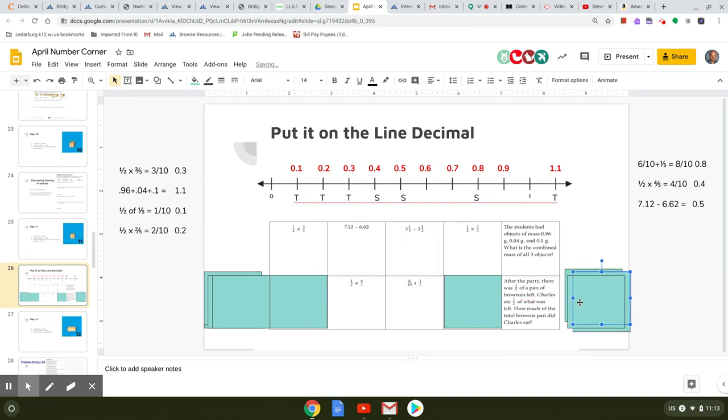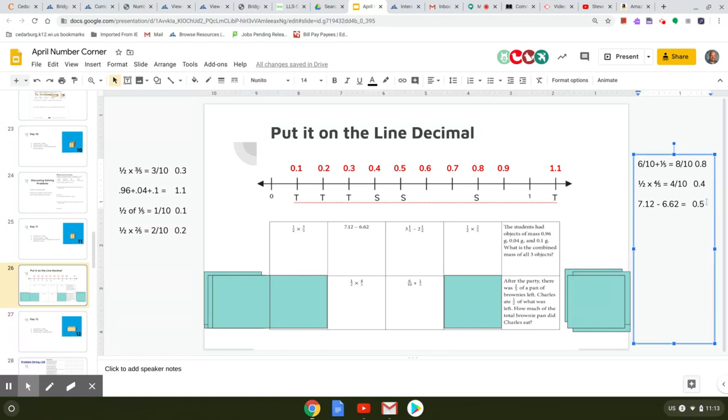All right, we have 3 1/5 minus 2 1/2. Go ahead and stop the video and figure that one out. All right, remember, we're going 3 1/5 minus 2 1/2. What does that equal for you?